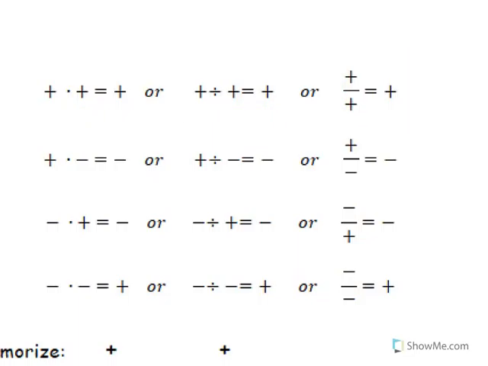Next, focus on the positive times a negative. Positive times a negative equals a negative. Positive divided by a negative also equals a negative. Or if you write it in fraction form, positive divided by a negative equals a negative.